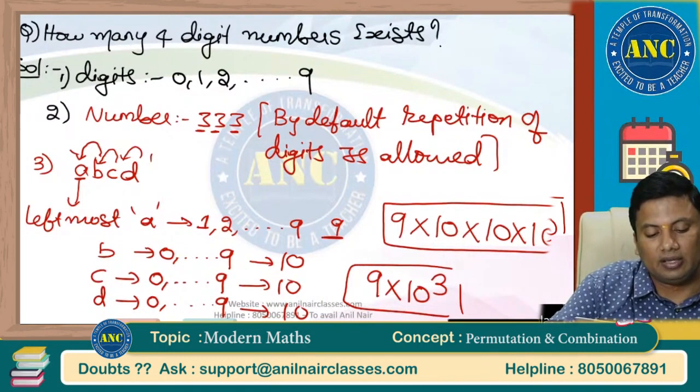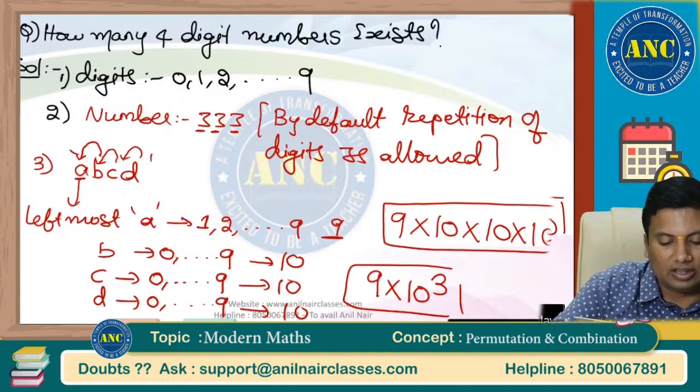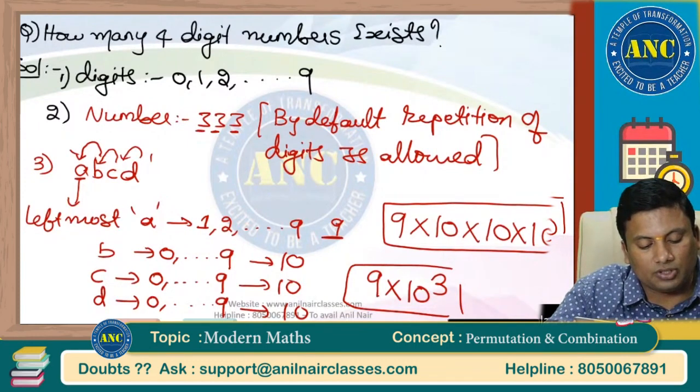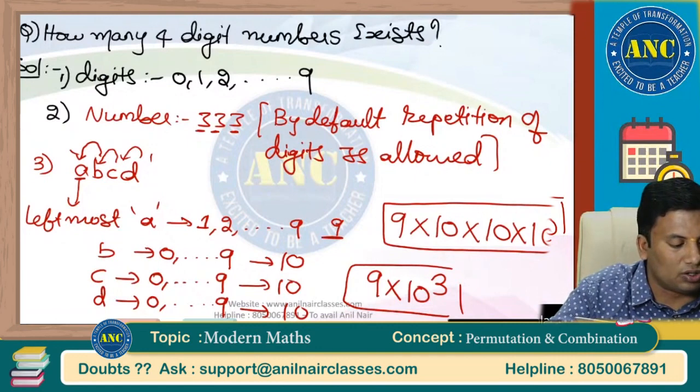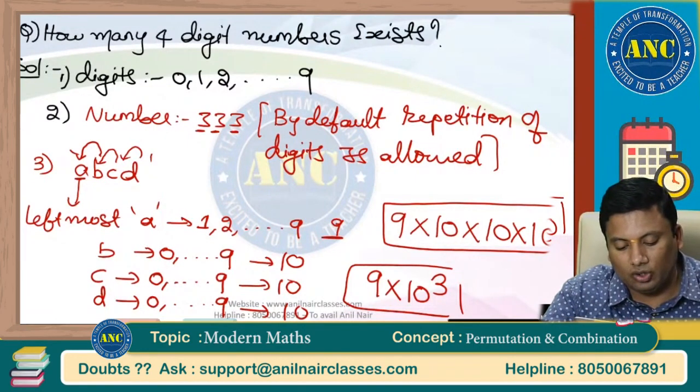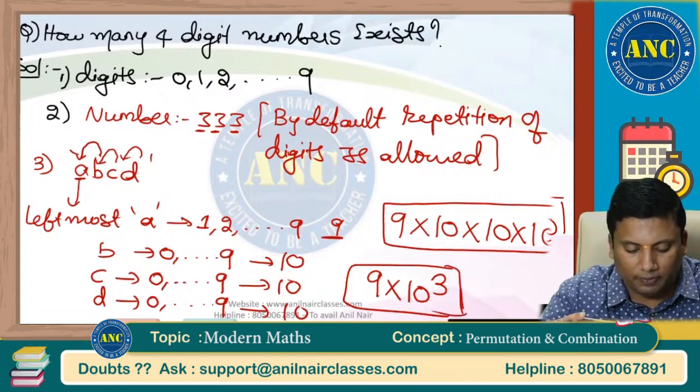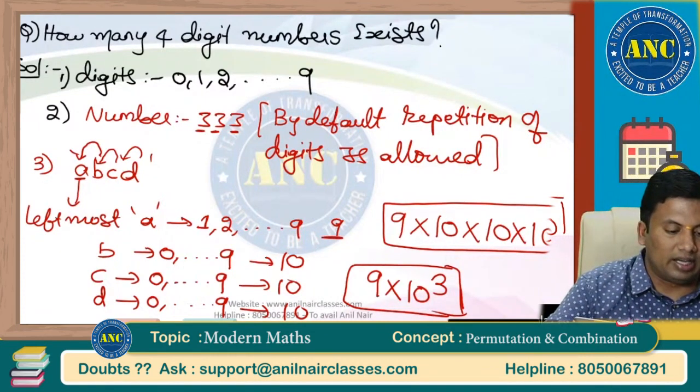A is from 1 to 9, which is 9. B is from 0 to 9, C is from 0 to 9, D is from 0 to 9. Answer is 9 into 10 cube.